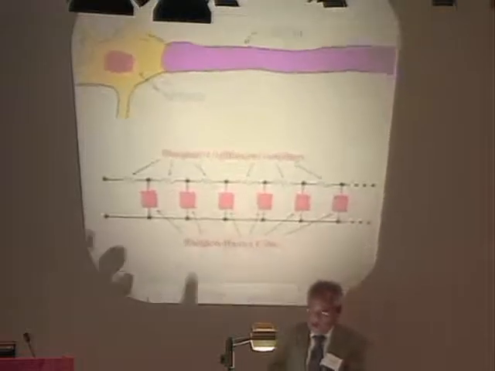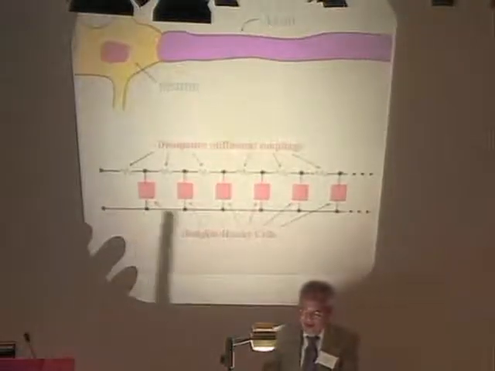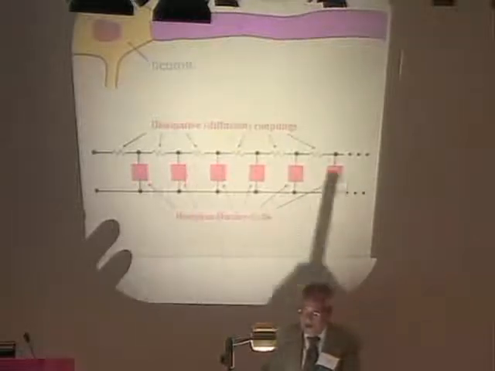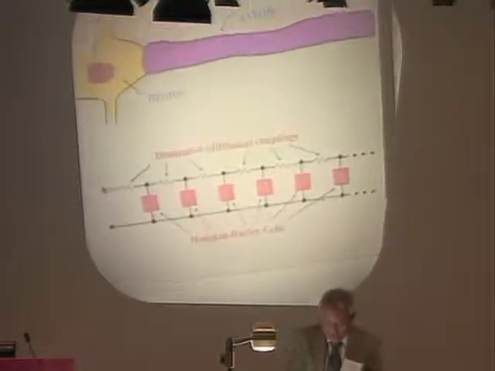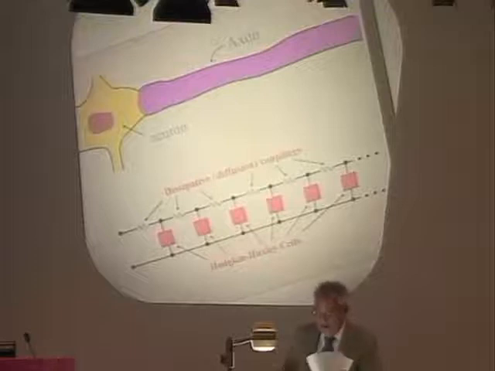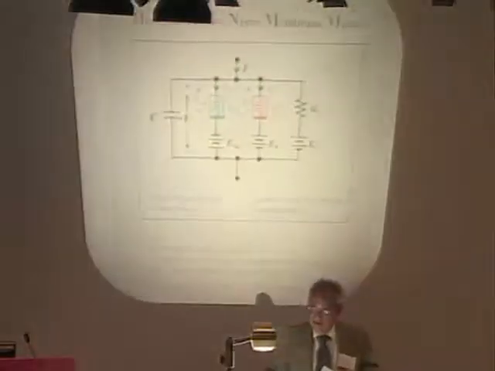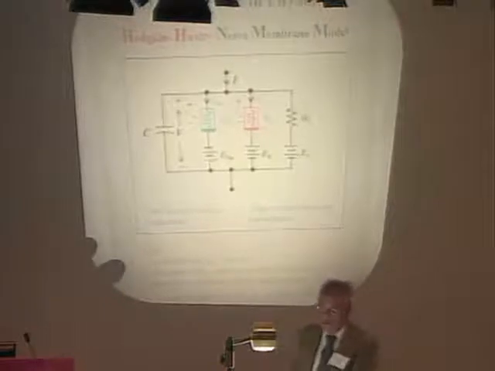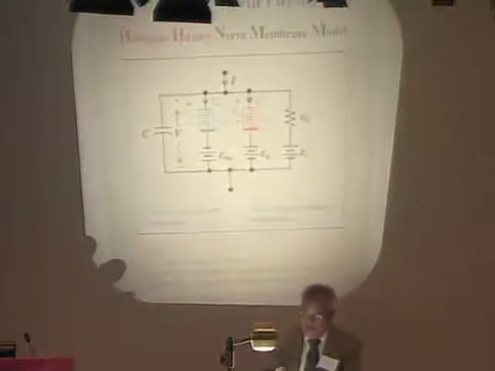This is a typical axon, this sort of cable, and the standard model of that is that you have a whole bunch of resistors interrupted by these red boxes, and these red boxes turn out to be the Hodgkin-Huxley famous circuit model, the Nobel Prize that they won for that.